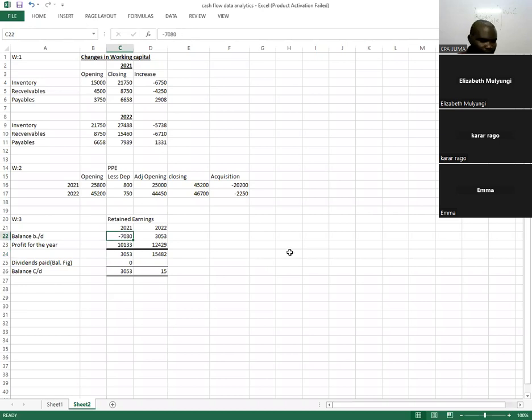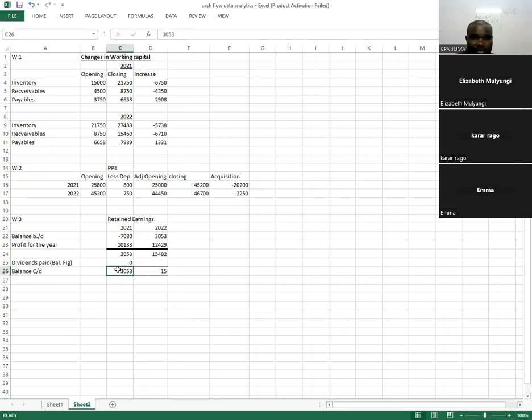Opening is a negative figure, which I hope you are seeing. Retained earnings, negative 7080. During the year 2021, they made 10,133. So when you take this plus this, it gives you 3053. When you check the closing in the balance sheet, retained earnings, it is also 3053. So the profit has tallied, meaning these people never paid dividends. Check 2022.